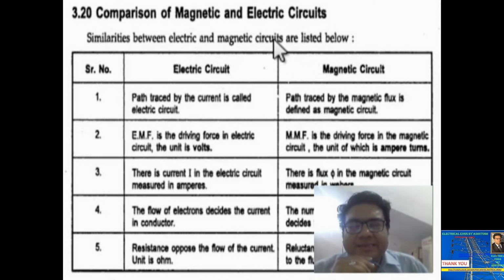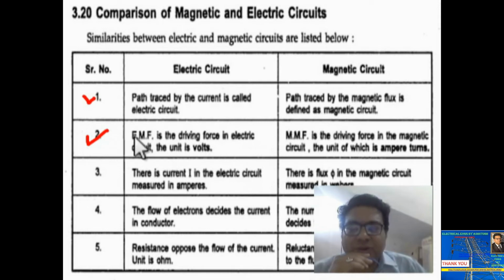So guys, as listed below, the first point is: the path traced by the current is called the electric circuit. The path traced by magnetic flux is defined as the magnetic circuit. We already discussed this point. Then EMF is the driving force in an electric circuit, and the unit is volts.